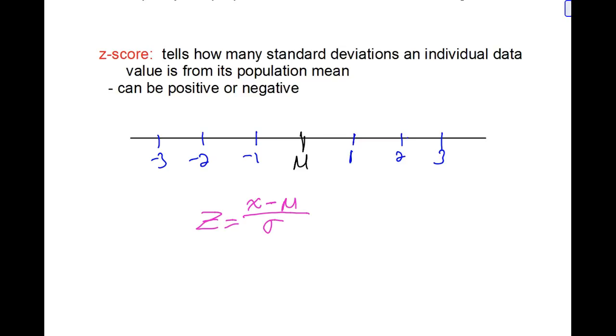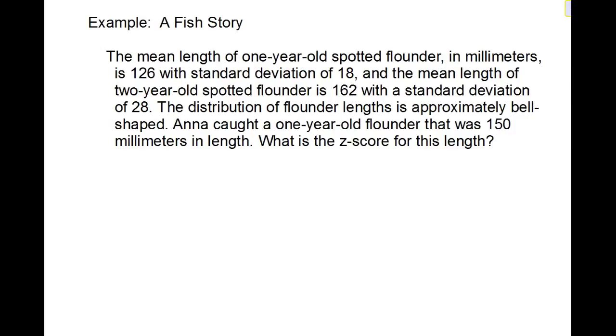So let's look at an example, and we're talking about fish here, specifically spotted flounder. The mean length of a 1-year-old spotted flounder in millimeters is 126 with a standard deviation of 18. And the mean length of 2-year-old spotted flounder is 162 with a standard deviation of 28.